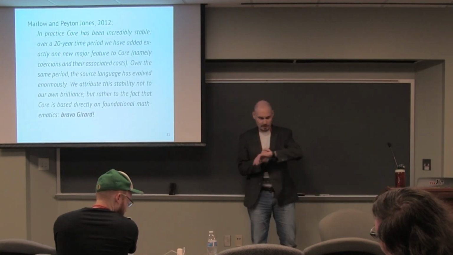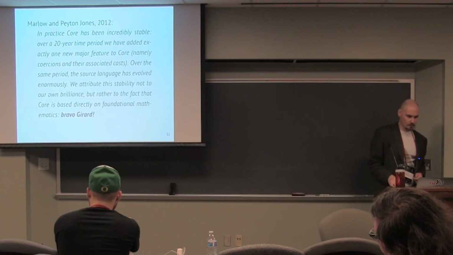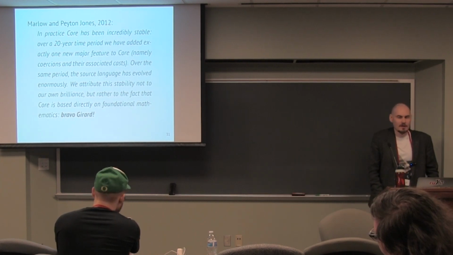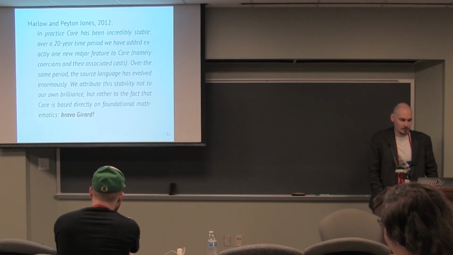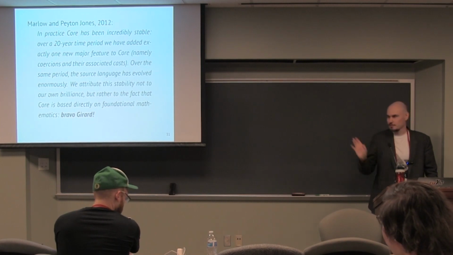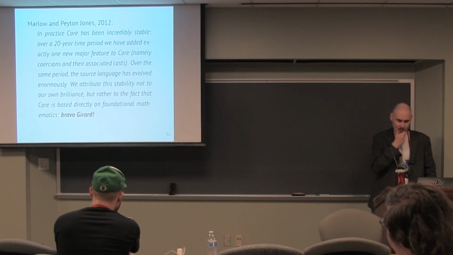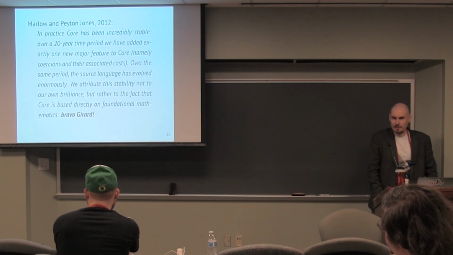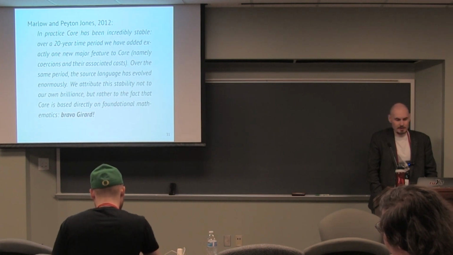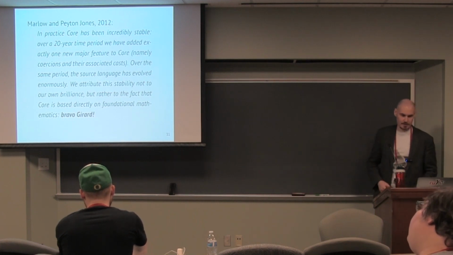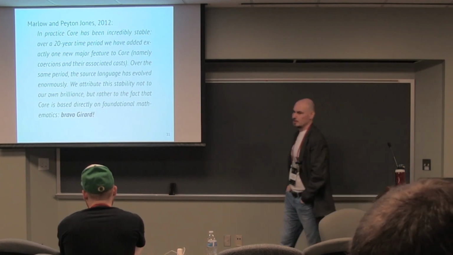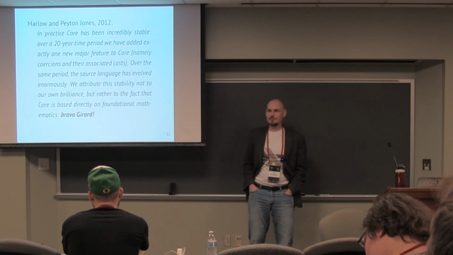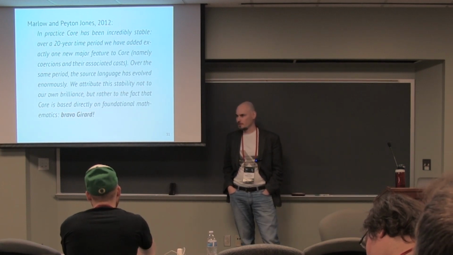And this quote is very good for finishing this part of the workshop. In that article, which I mentioned in the very beginning, its authors wrote that this Core was incredibly stable. They say in this quote that for 20 years, they've just added one simple addition to this Core.